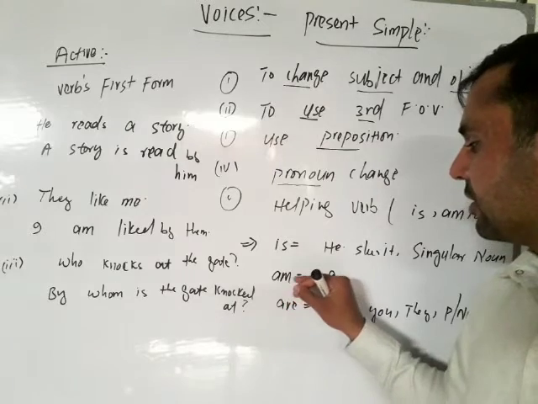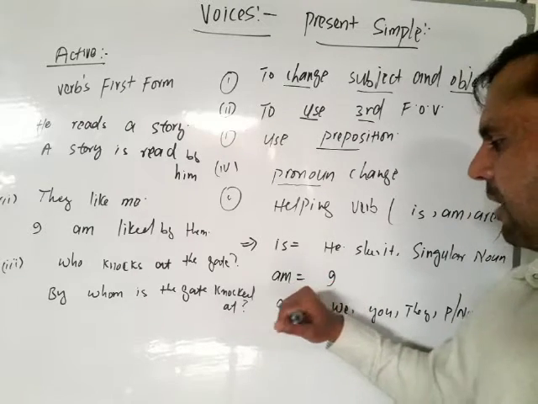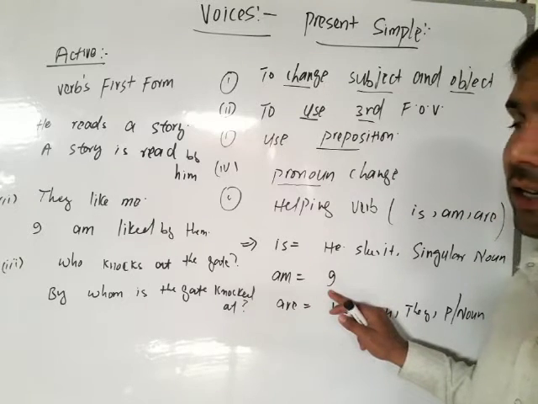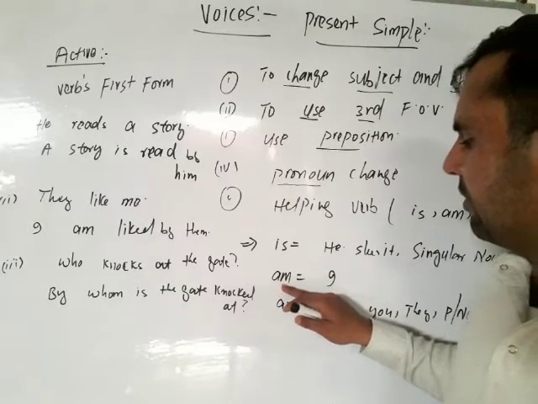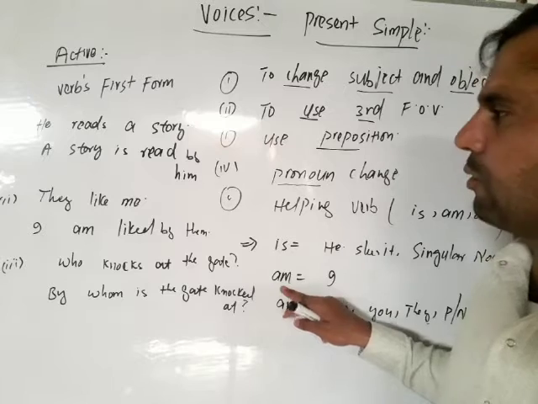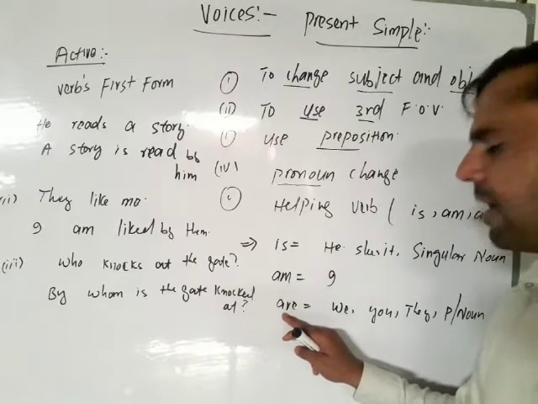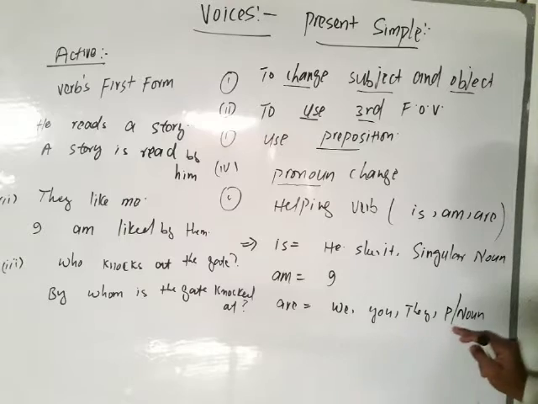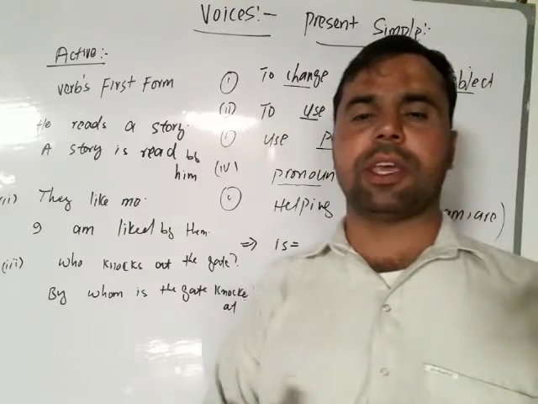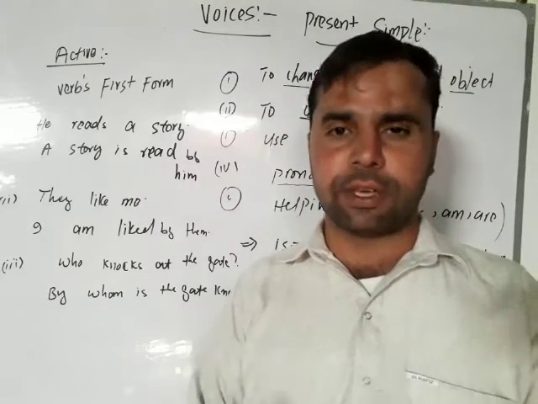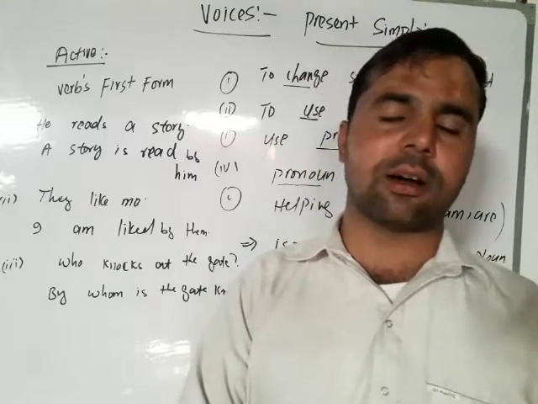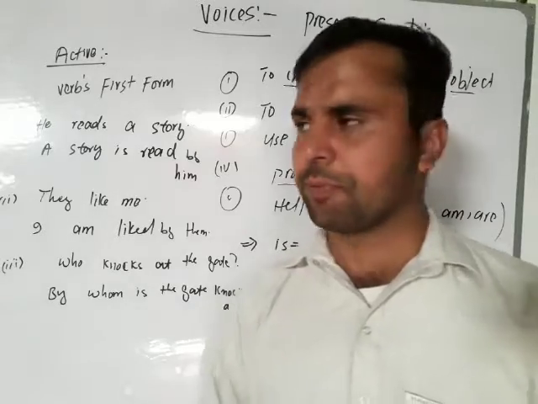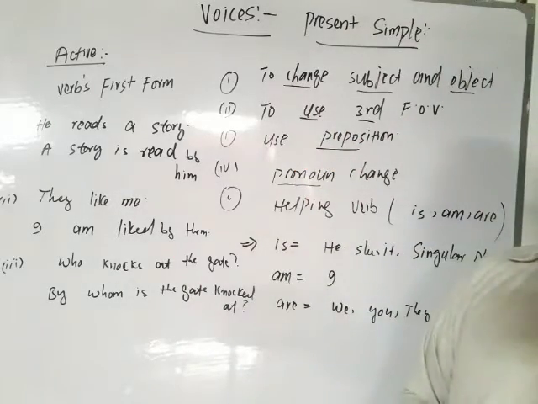Then I takes am. It means that if we have I in the sentence, we will use the helping verb am with it. Then we have are. Are is used with we, you, they, and plural noun. It means when we have you or we or they or plural nouns, we will use the helping verb are with it. Now let's move to these examples.